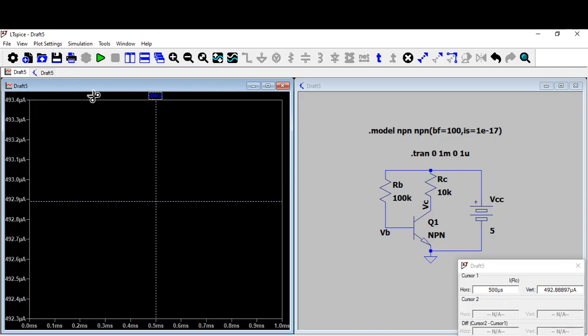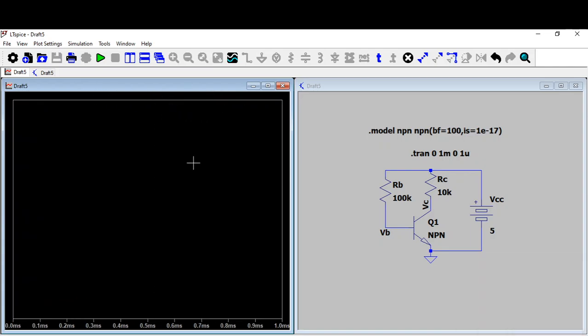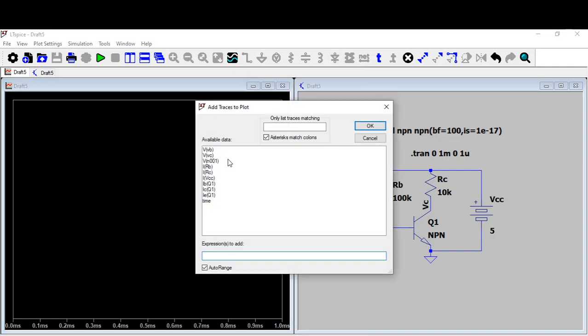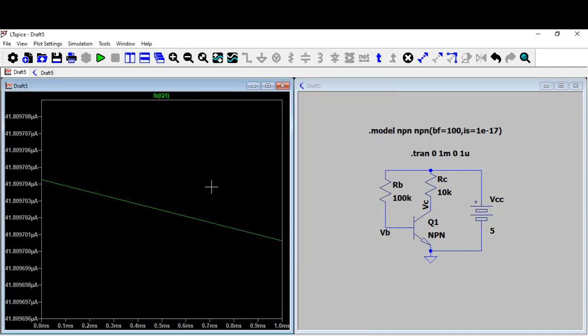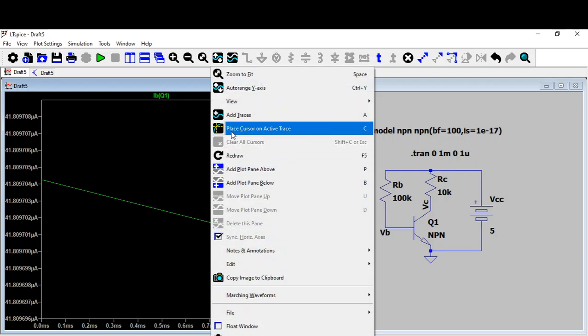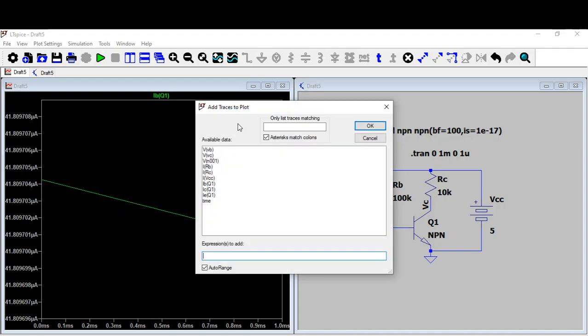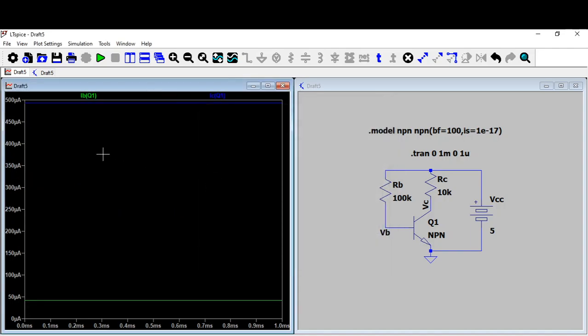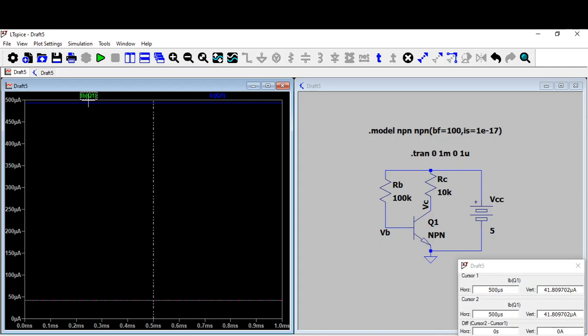Add traces, one corresponding to base current, the other corresponding to collector current. Now see, this is my base current. These two are the currents: one is base current, the other is collector current.